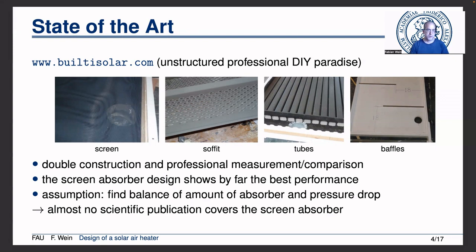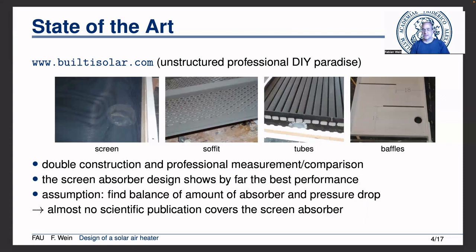One of the measured designs is a screen design. That means what I presented before, that the absorber is kind of a mesh. Alternatively, absorbers can be soffit material, so a metal sheet with holes in it. A third variant, also quite known, is to have black tube channels.